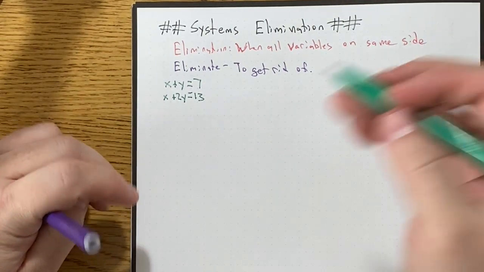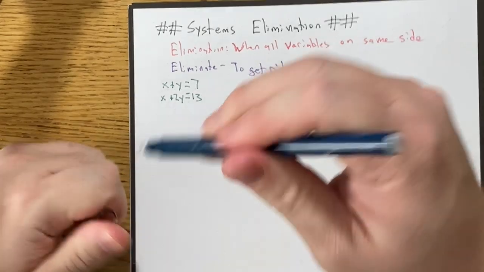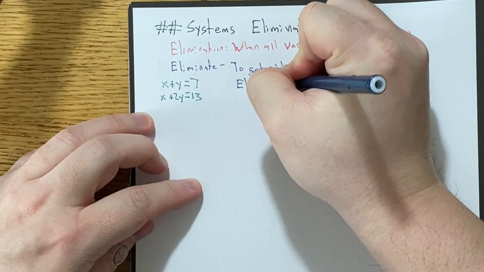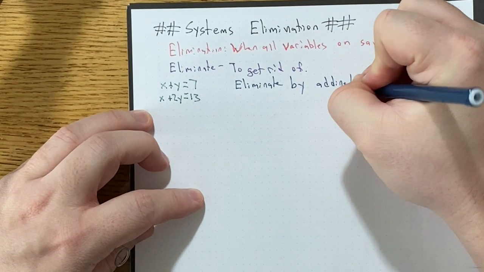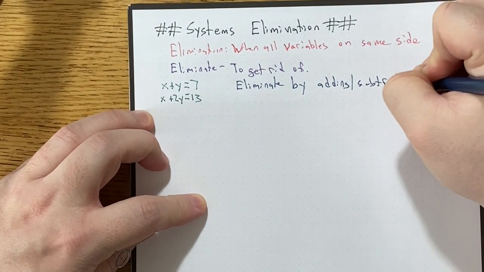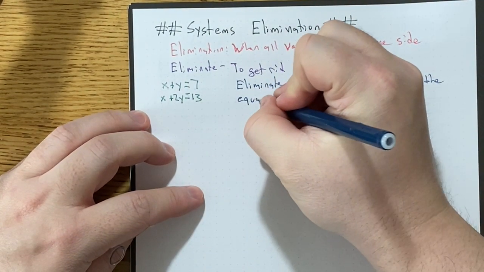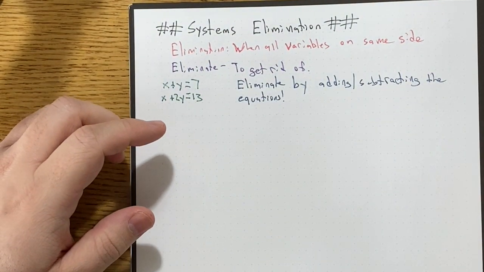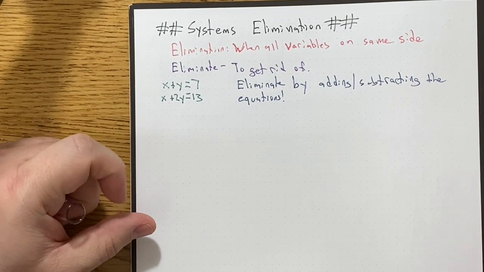They're all on the left and all the numbers are on the right. And what you're going to try to do is to eliminate by adding and subtracting all the equations. So the first thing you want to do is to look for variables that are exactly the same or exactly opposite.